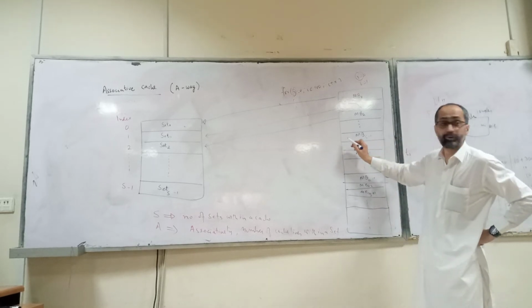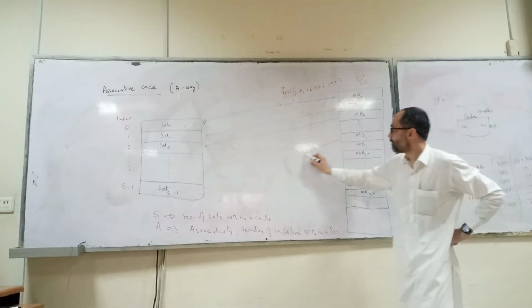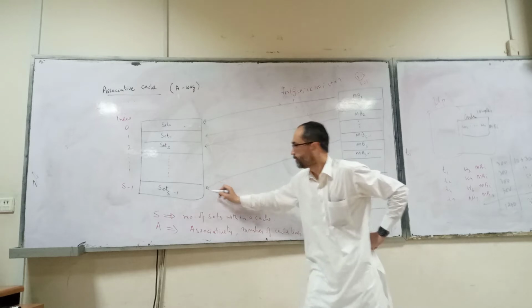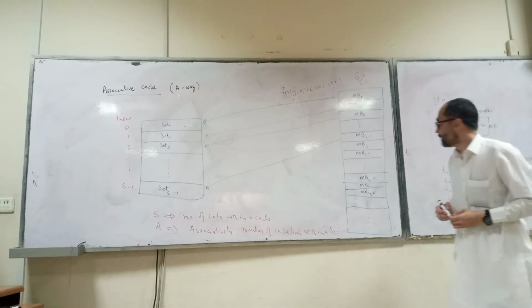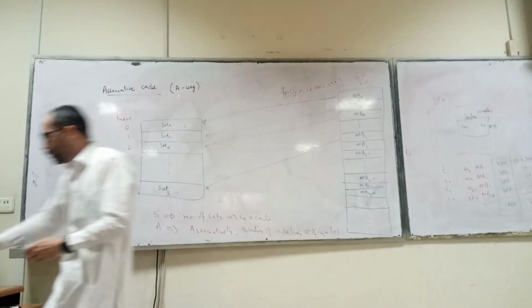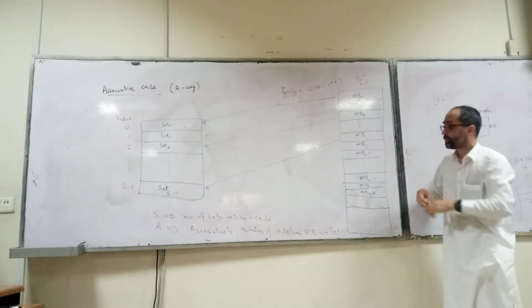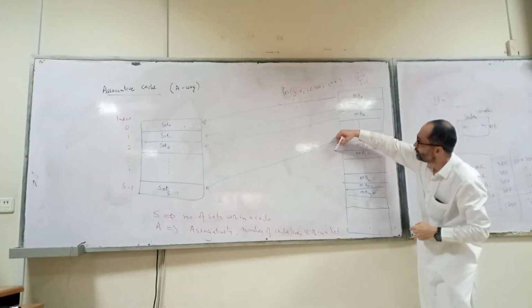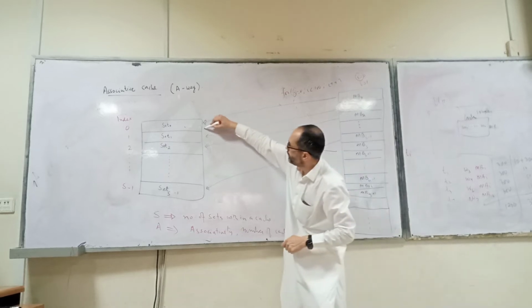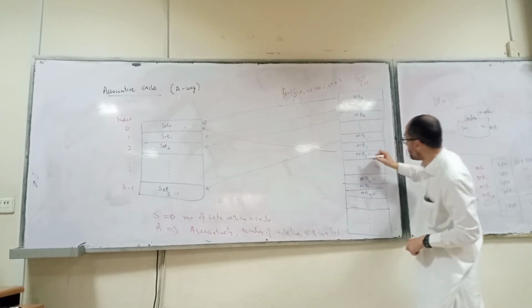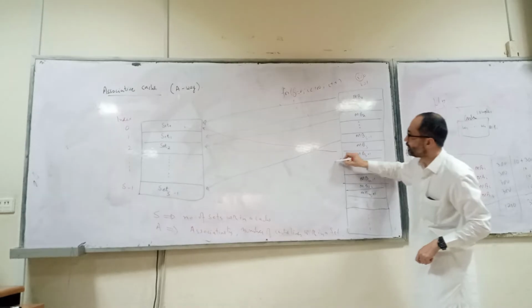What will be the main memory block S minus 1? It will be mapped to set S minus 1. What about main memory block S? It will again be mapped to set 0. Main memory block S plus 1, set 1.